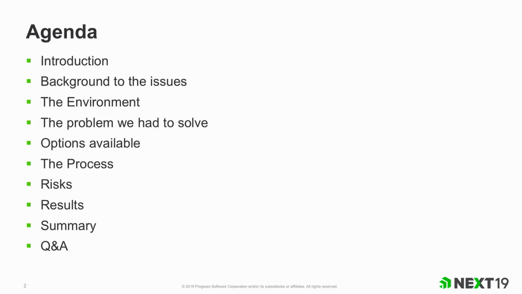What we had to solve, so what our big problems were, mostly the clock and trying to get things done in a realistic time frame. What options we had available, supported and not. We had to look at everything. What we did, any risks that we saw within the process and how we tried to mitigate those. What our results were, right? How long did it actually take us to do this? And then we'll have some questions.